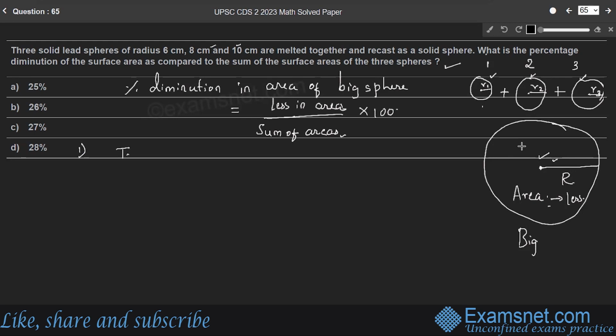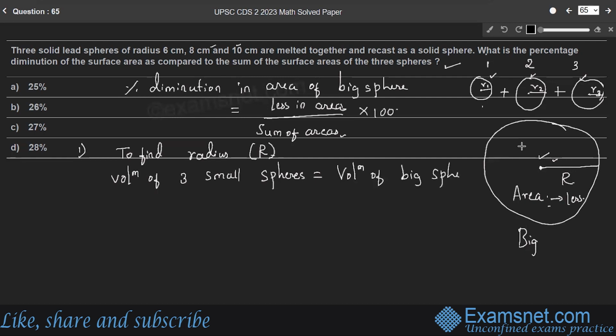To find the radius of the big sphere, which is R, we are using the concept of volume here, because three spheres are melted to form a big sphere. Therefore, the volume of the three small spheres is equal to the volume of the big sphere.